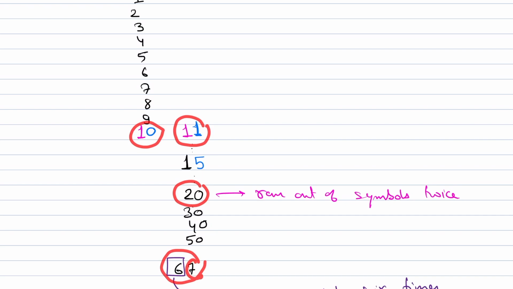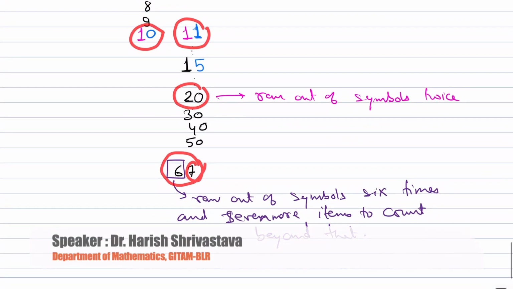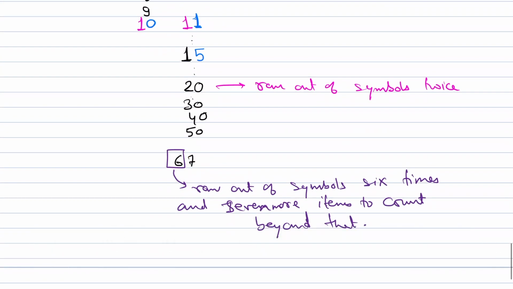Therefore this is the second digit. Similarly, if I ran out of symbols 10 times, I'll write 10 and 0, so it becomes 100. I ran out of symbols 10 times.